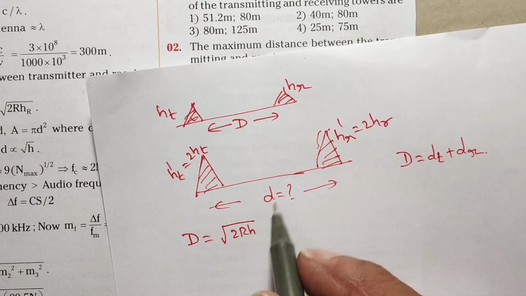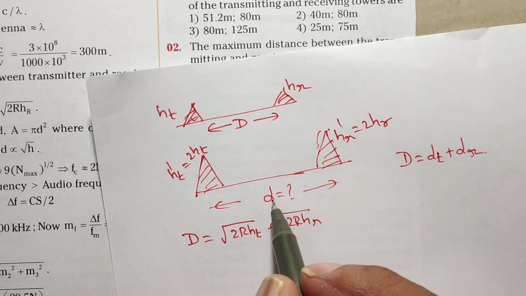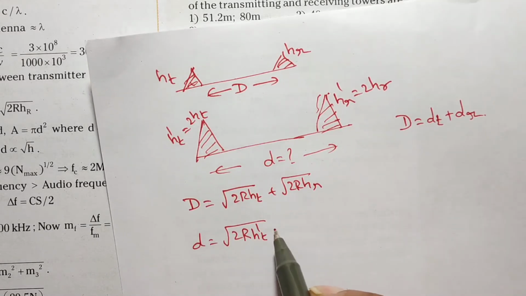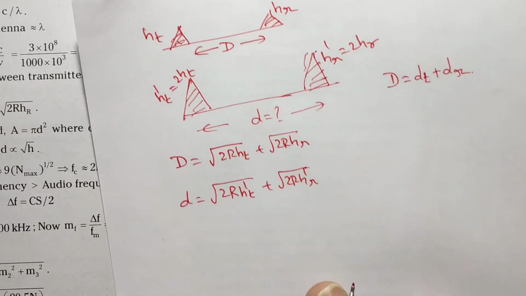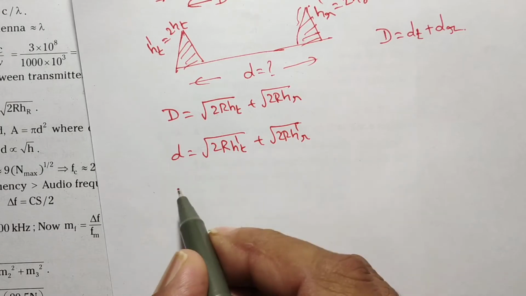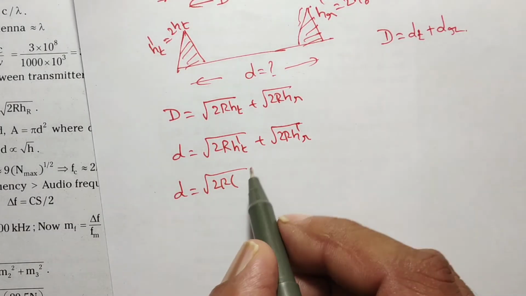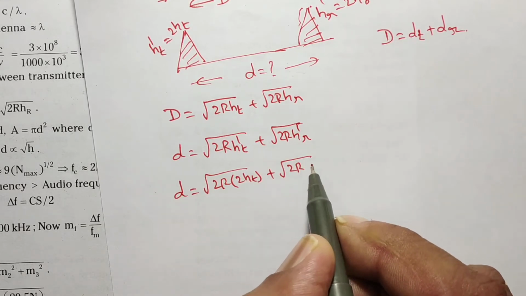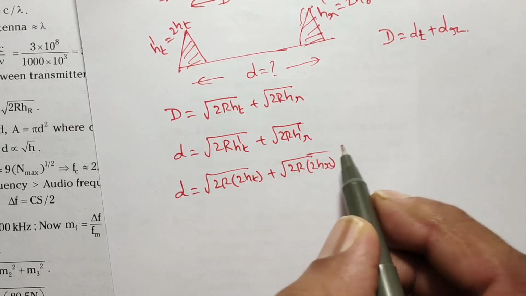Now small d equals square root of 2r HT dash plus square root of 2r HR dash, which means square root of 2r into 2HT plus square root of 2r into 2HR.